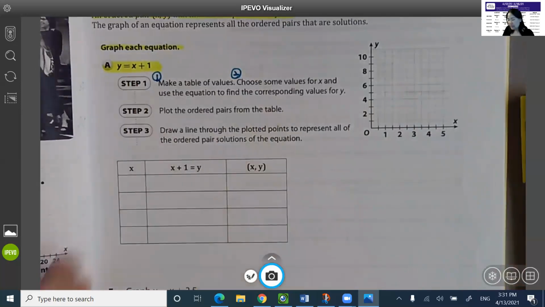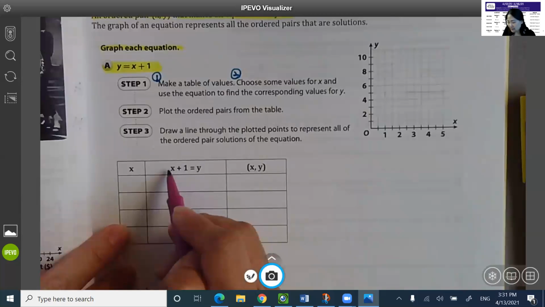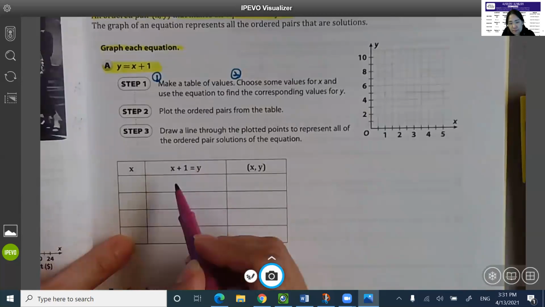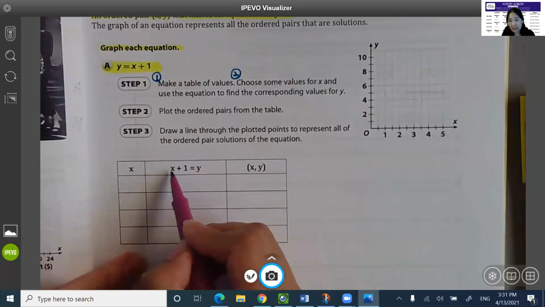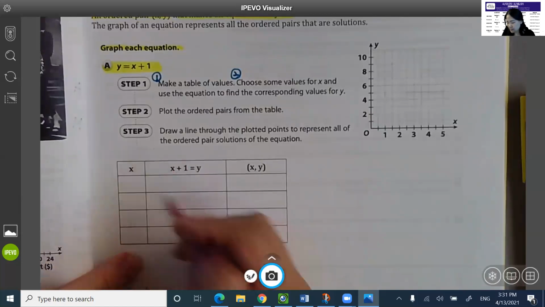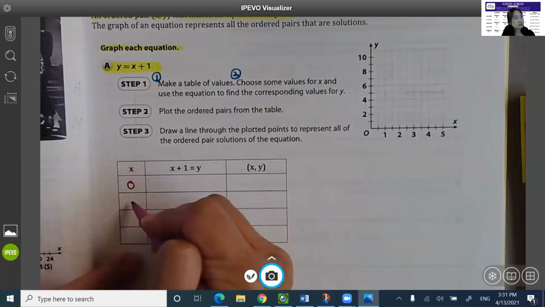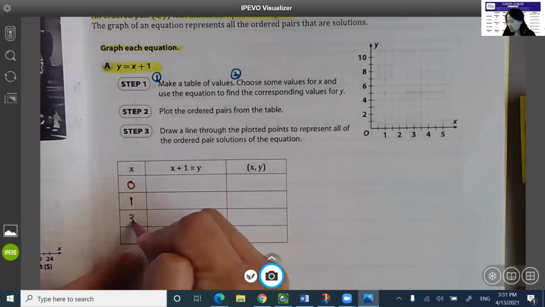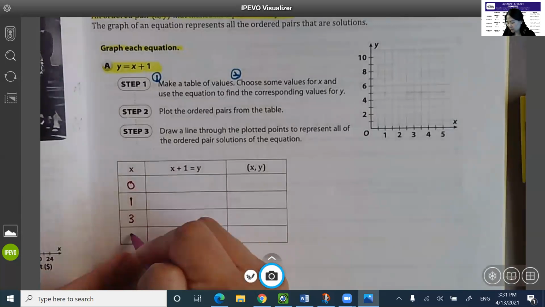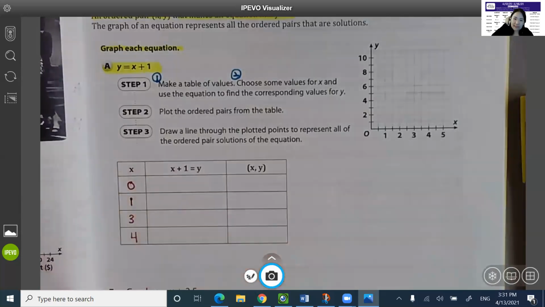For x, I'm going to choose these numbers: 0, 1, 3, and 4. Okay, why did I choose those numbers? Why did I not choose 10 or 12 or 14 or larger numbers?